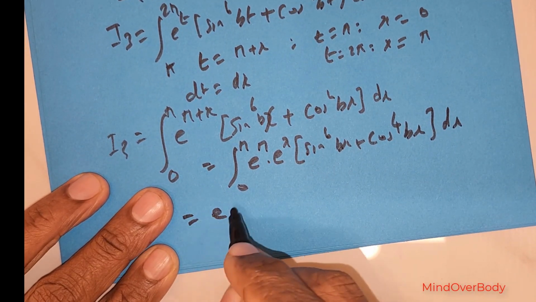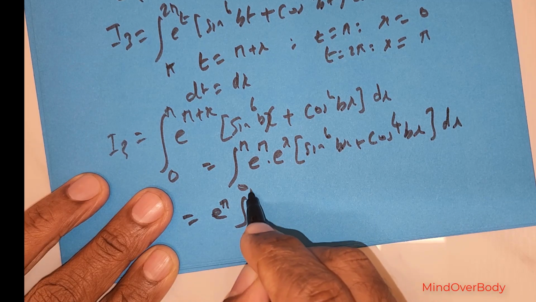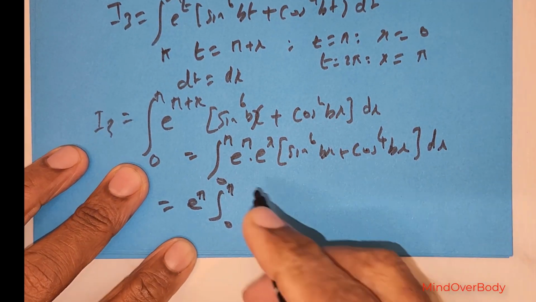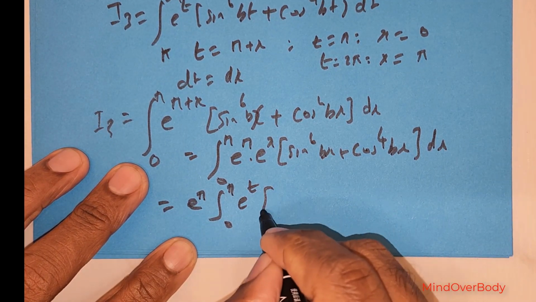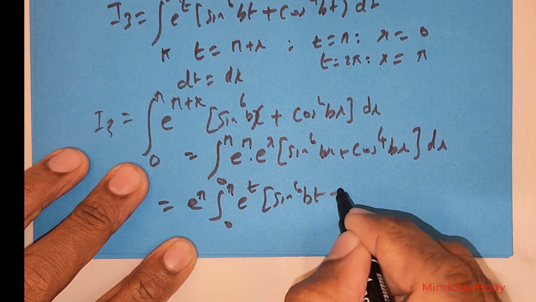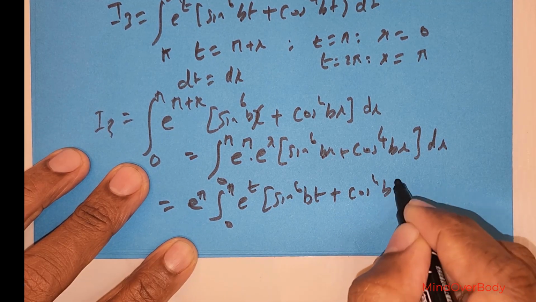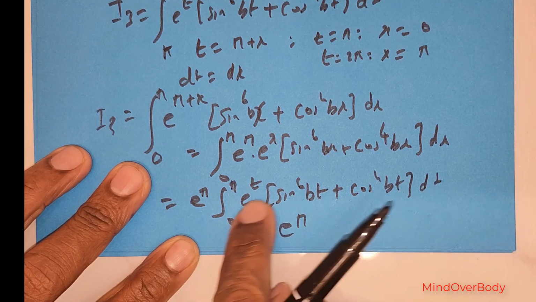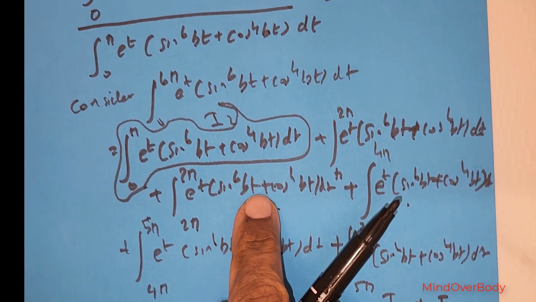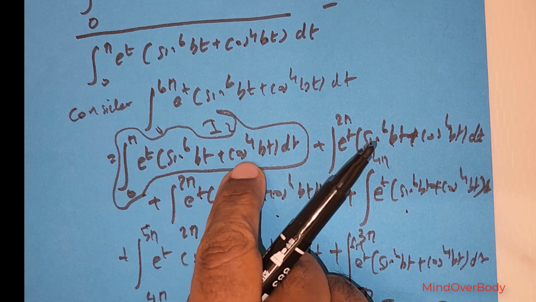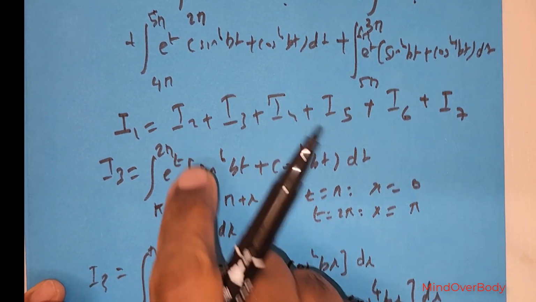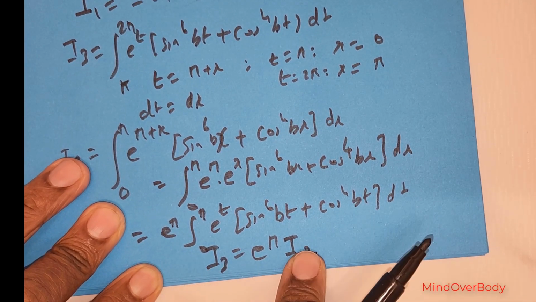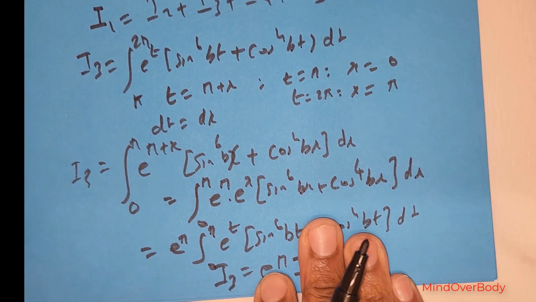I can revert x back to t, so e^t sin^6(bt) + cos^4(bt) dt. What is this? This is nothing but our I2. So we have written I3 in terms of I2.